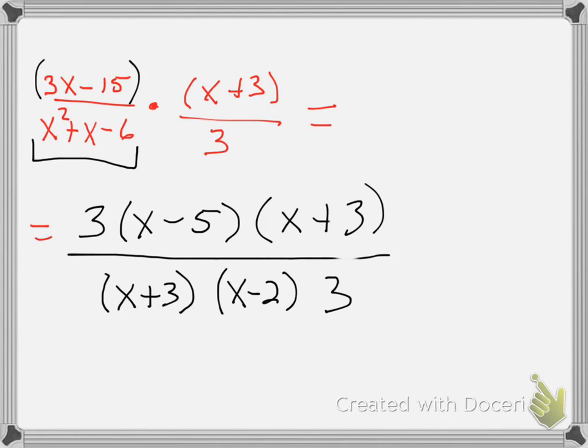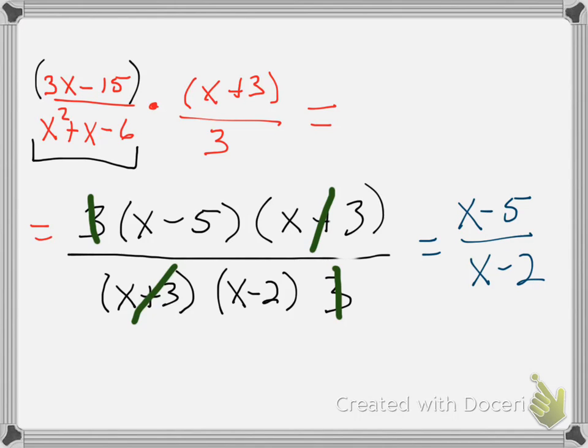And now, this 3 and that 3 cancel out, and that x plus 3 and that x plus 3 cancel out, and we get x minus 5 over x minus 2 as our answer.